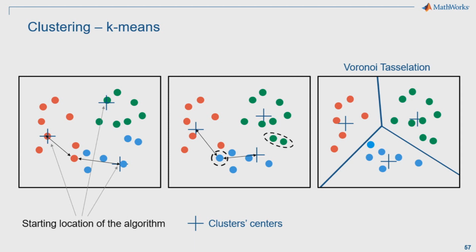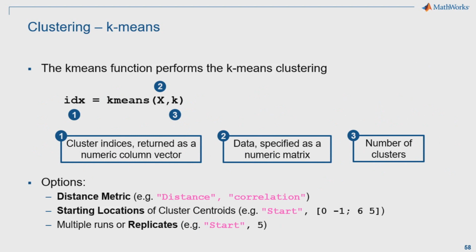In fact, what typically this MATLAB function does is to run many replicates, which by default I think are 5 or 10, in order to derive an average result for the cluster, for the groups of data.